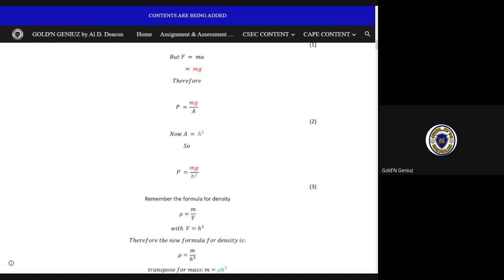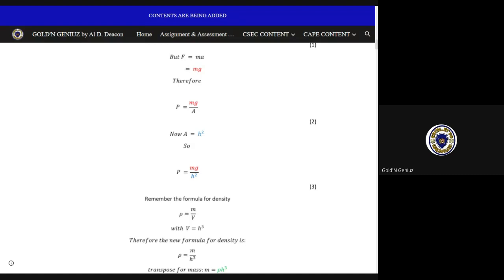Yes or no? I am not sending this option, so I will launch. Are you seeing how I got P equal mg divided by A?